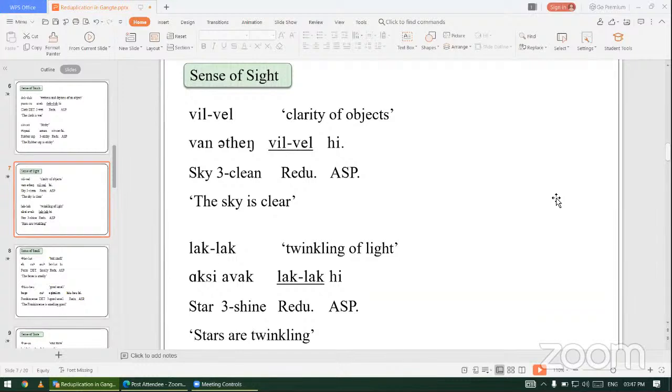And of late, David Peterson has termed it as verbal classifiers. So this type of reduplication, which is attached to the right of the verbs, these are of different categories.